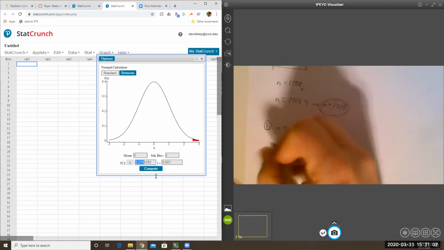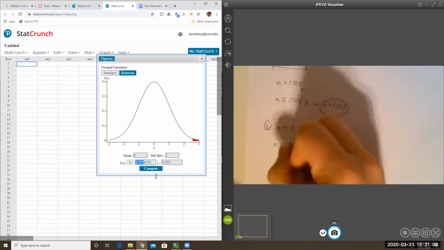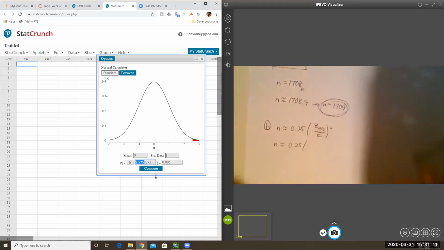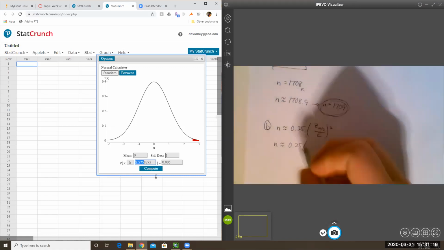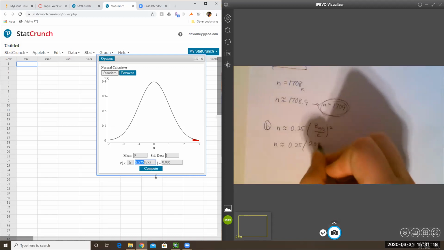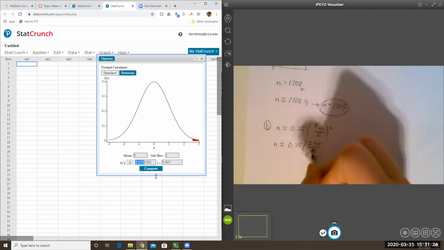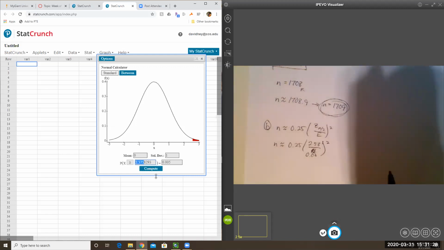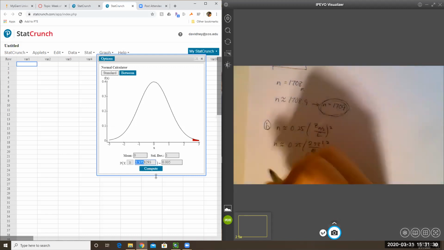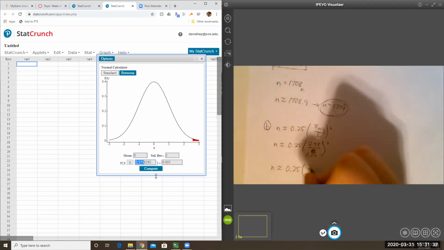So, you know, we'd say n is approximately 0.25 times, well, if we're going with what we got from StatCrunch, we would say 2.58. Oh, sorry, for E, we should have 0.03. If we're going with what the book is going to use, the book is going to say 2.575.